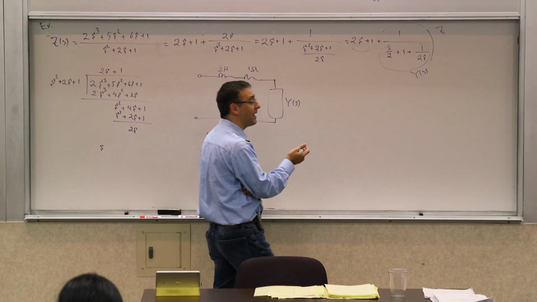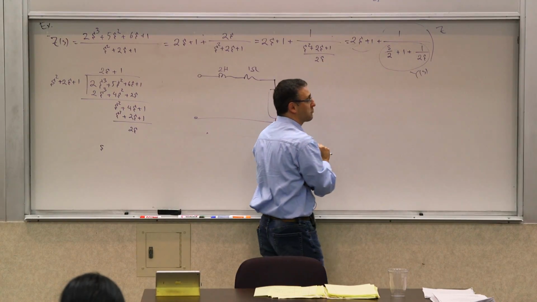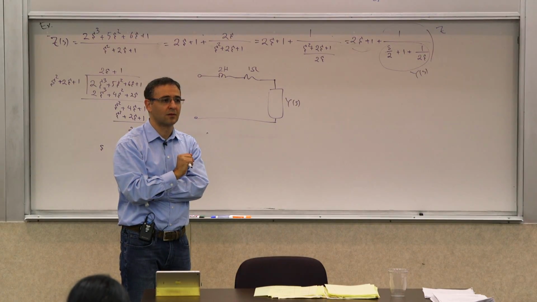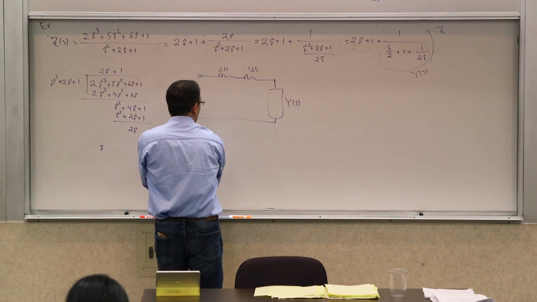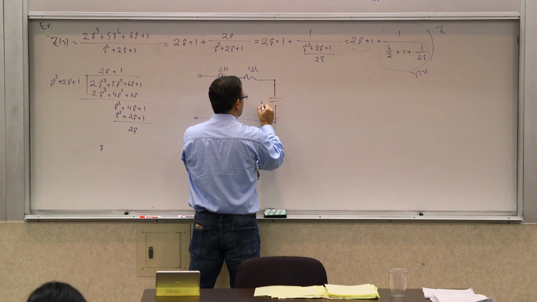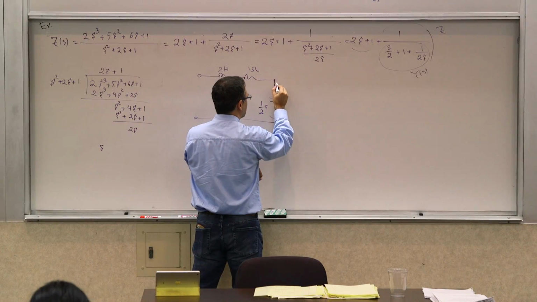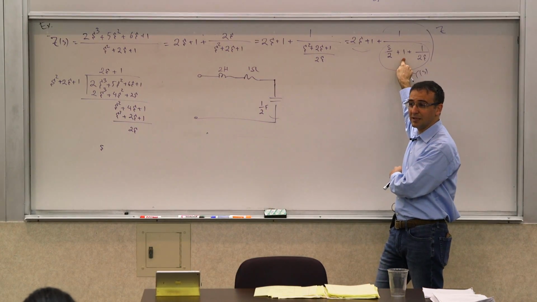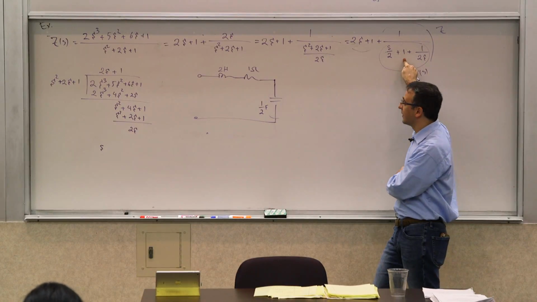Well, you can look at the individual elements. It's this. What is this in admittance? A s over 2. A 1/2 farad capacitor, right? Plus, which in the admittance domain is being in parallel or in series? Parallel, right?